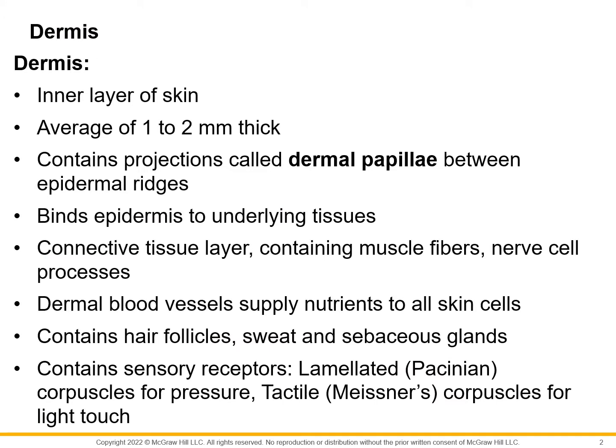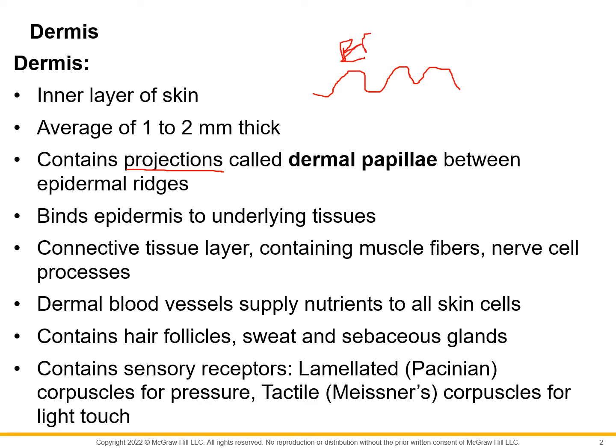So the dermis, again, this is the thickest part of the skin, the area we call the integumentary system. And so it is going to have these projections that stick up, that wavy basement membrane between the epidermis.